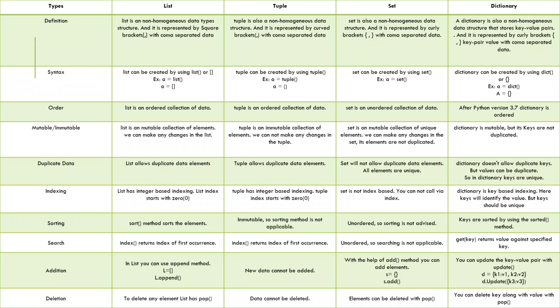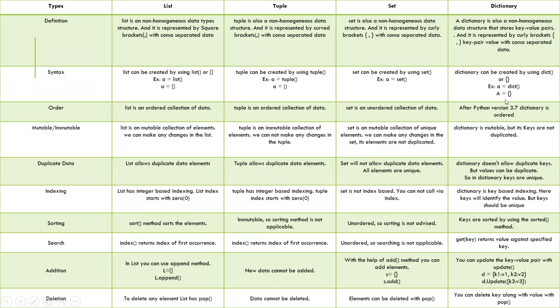In an unordered collection of data, the index position will change. For example, if you give the values 1 2 3 4, there might be a chance the output comes like 2 1 4 3. So list and tuple are ordered, index-based collections of data, and set is an unordered collection of data, meaning you cannot predict the output order.